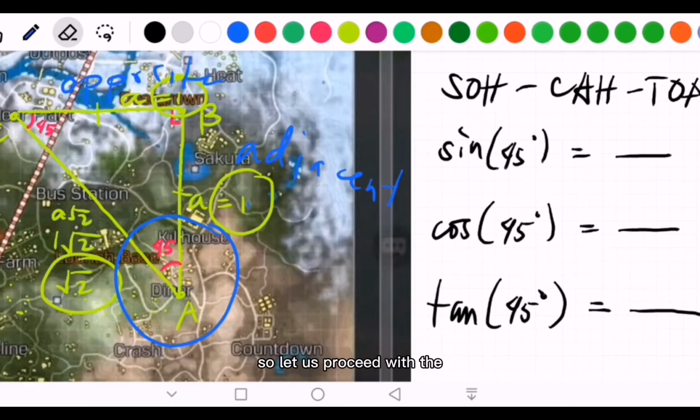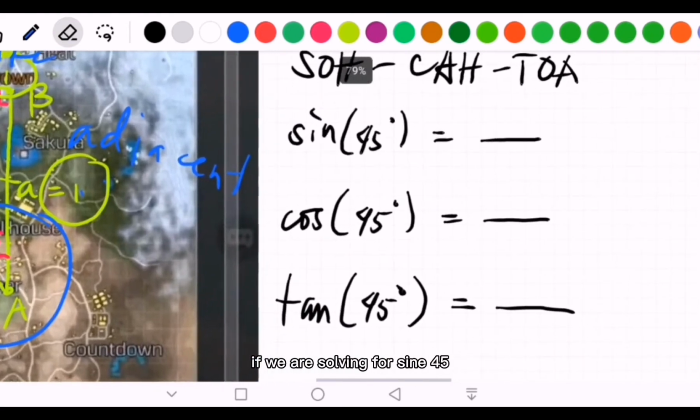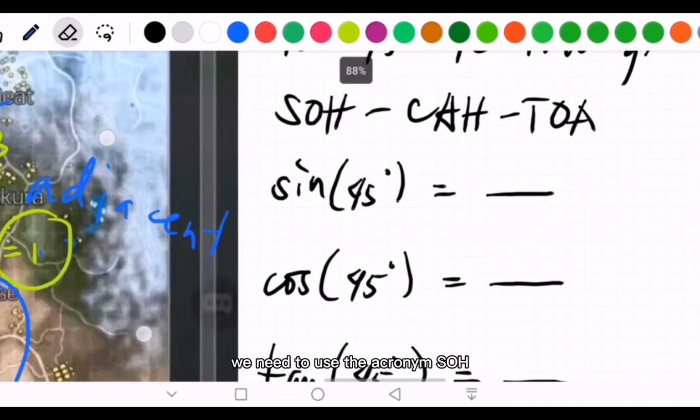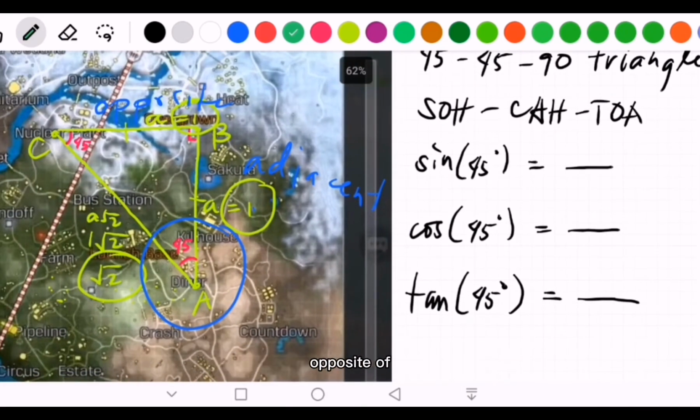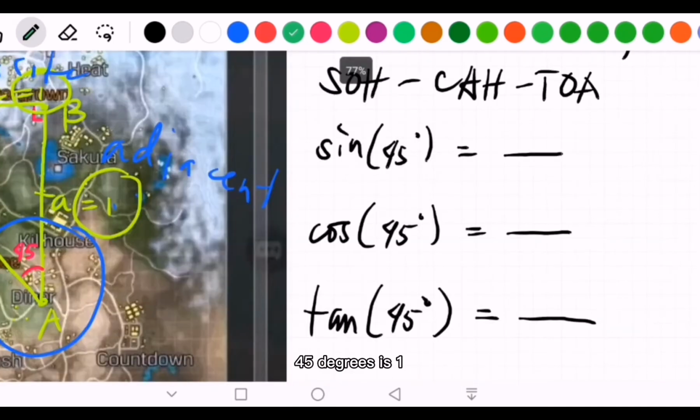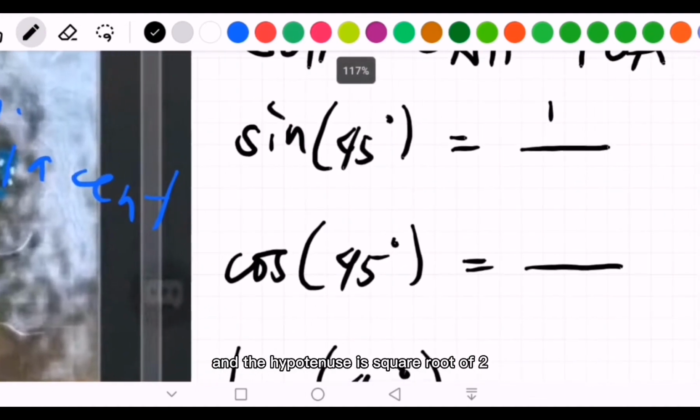So let us proceed with the three basic trigonometric ratios, which are the sine, cosine, and tangent. If we are solving for sine 45, that means we need to use the acronym SO, so that is opposite over the hypotenuse. Opposite of 45 degrees is 1, and the hypotenuse is square root of 2.